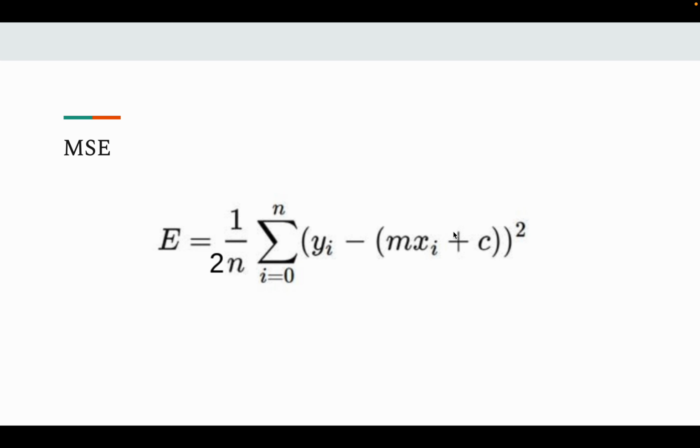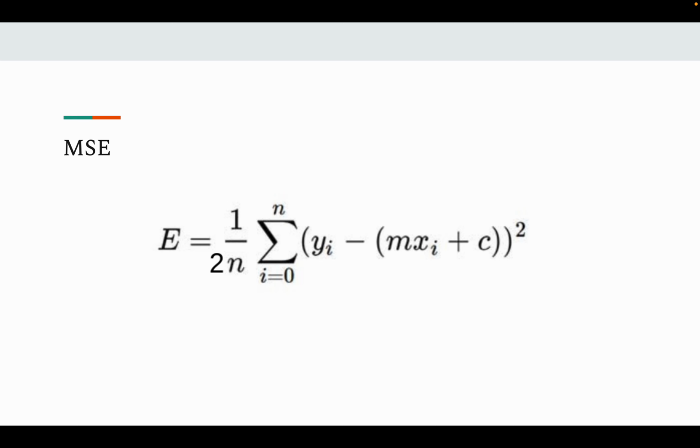That is why we are squaring it, to avoid the negative values. There are two ways to avoid the negative: we can also use absolute values, which is one possibility, but in this particular tutorial we are using MSE, the mean square error, in which we calculate the squaring.